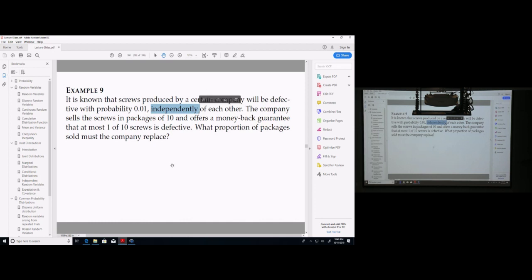But here, for the sake of calculations, we assume the screws are independently defective. One good way to assume independence here is to assume these 10 screws are taken from different packages, so that they are produced in different batches. So there is more reason for assuming independence, all right? And the company offers a money-back guarantee that at most one of the 10 screws is defective.